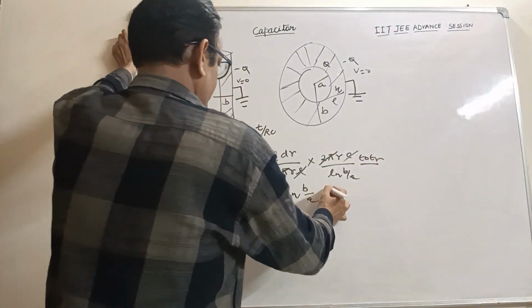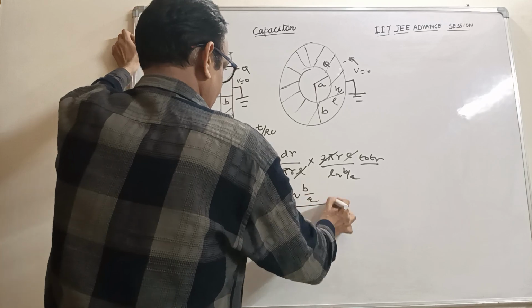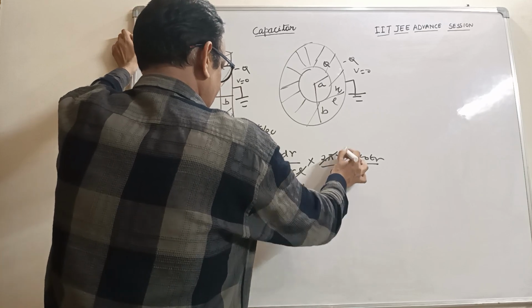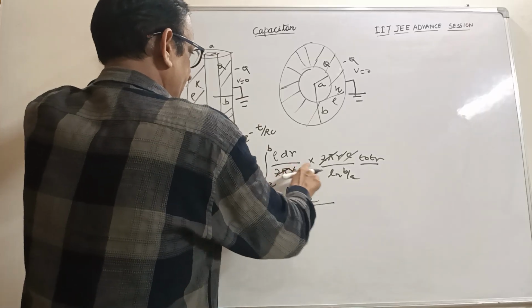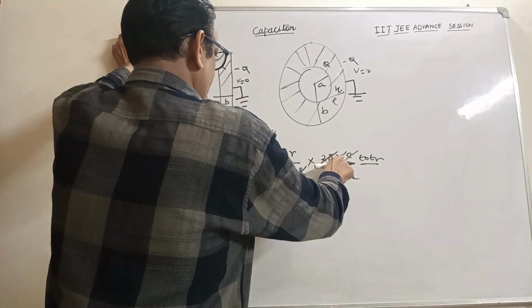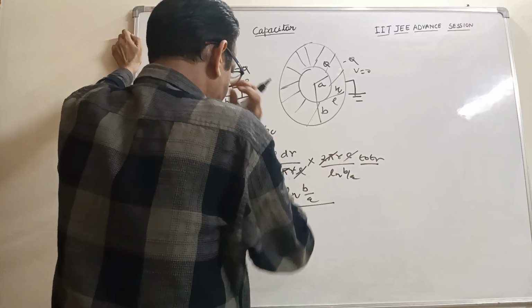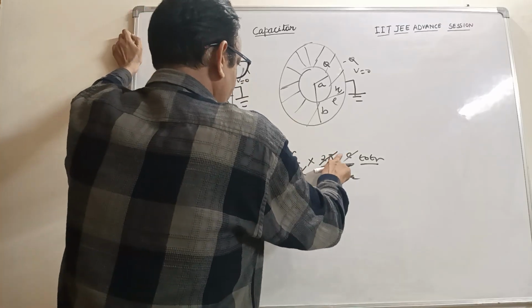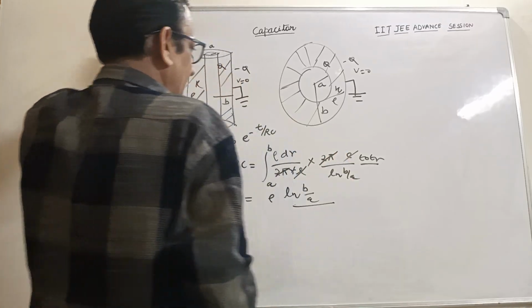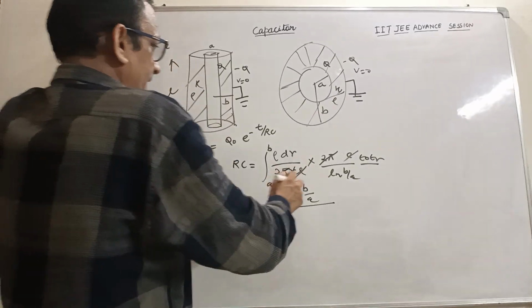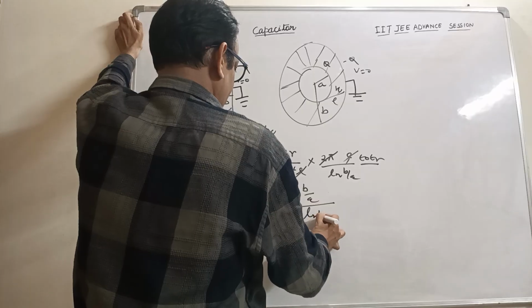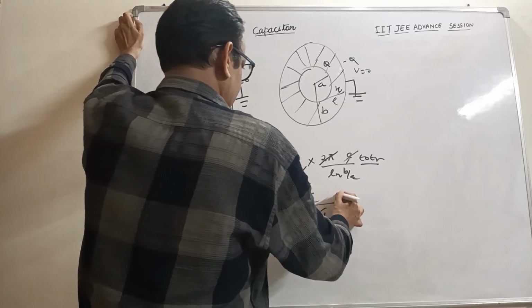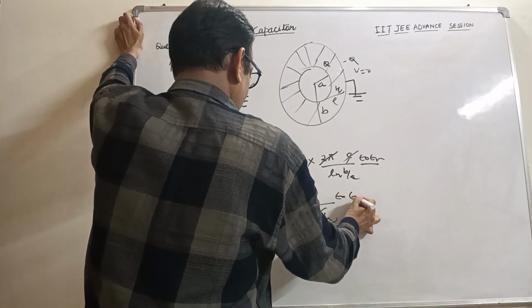So r also cancels out, and this becomes 2 pi epsilon naught epsilon r into L upon natural log B by A. So natural log B by A cancels out, and this becomes epsilon naught epsilon r.